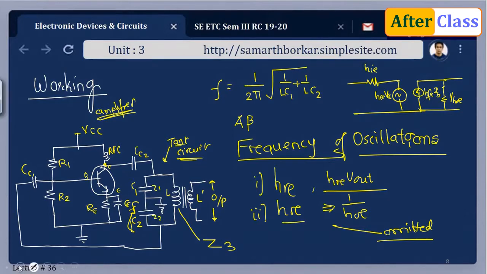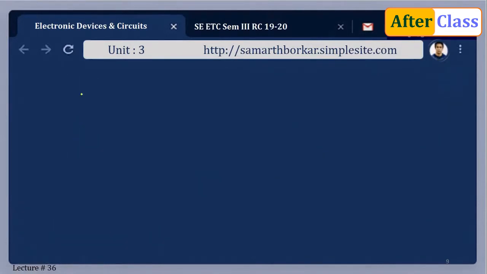Okay, so first of all, the transistor will be replaced with its approximate hybrid model, HIE, and here this is the constant current source HFE IB.